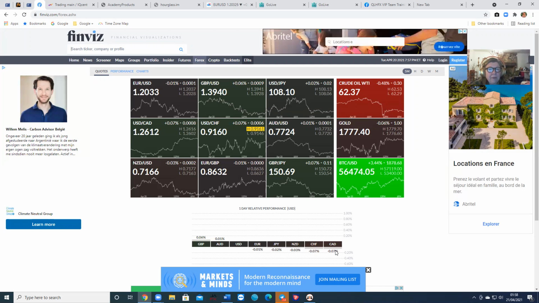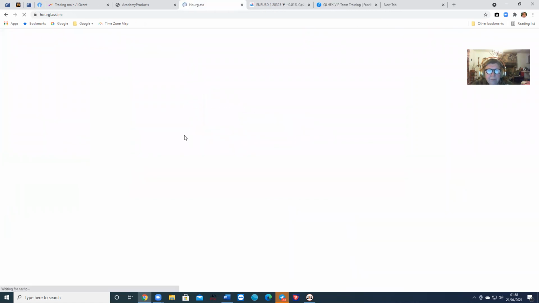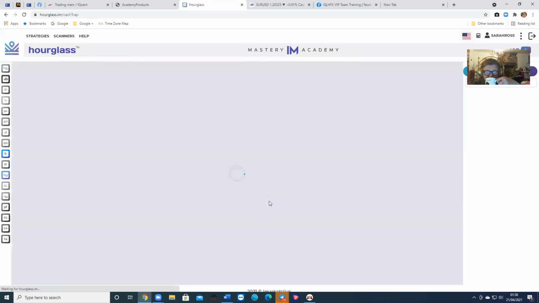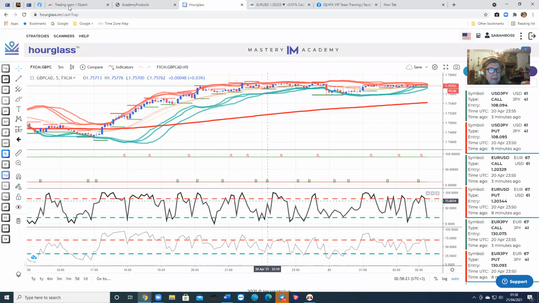Okay, and then let's come over to our HourGlass, and let's have a look at our currency strength.